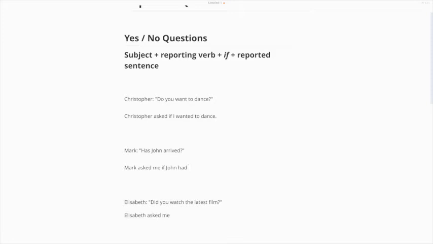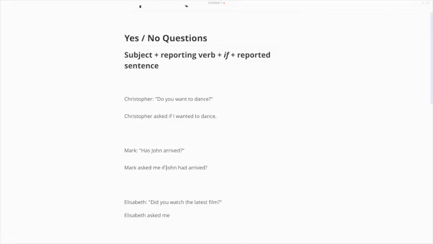Mark asked me if John had arrived. We're going to keep arrived the same because this is the past participle. Remember, present perfect is have or has or had, and the past participle. Mark asked me if John had arrived.